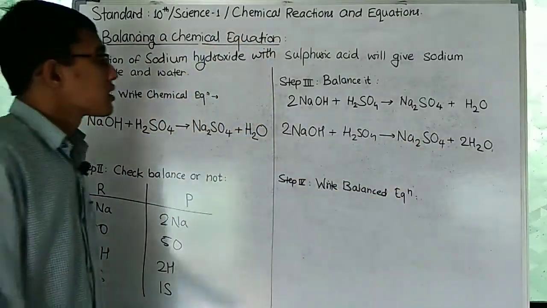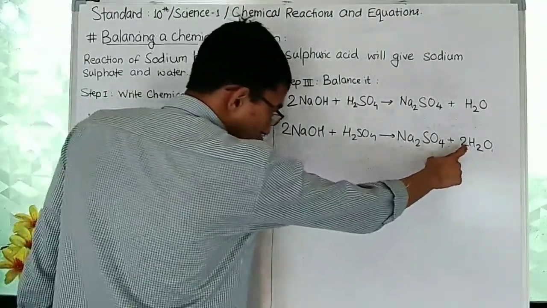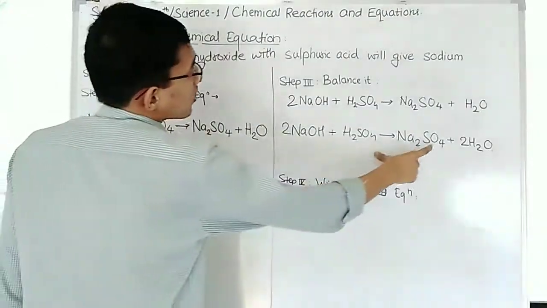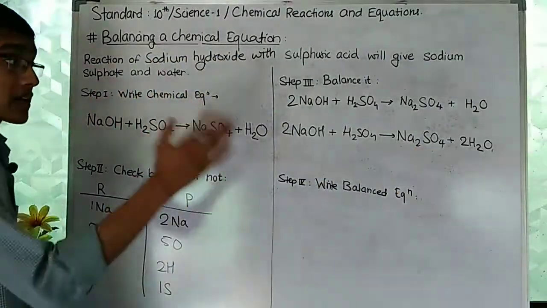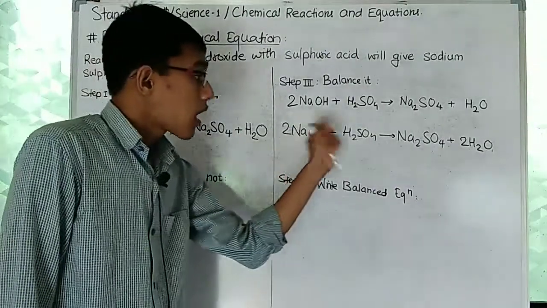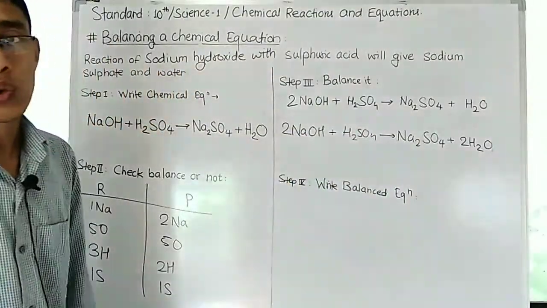Then 4 atoms of hydrogen, 4 atoms of hydrogen. 1 atom of sulfur and 1 atom of sulfur. In that case, the number of atoms of each element is the same on both sides. So we have got a balanced equation now.